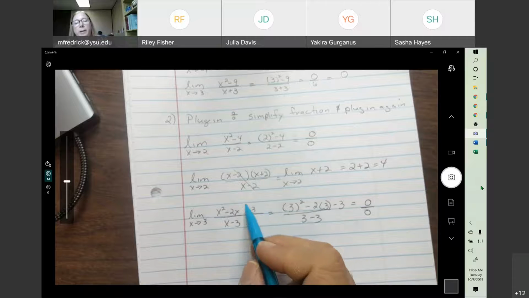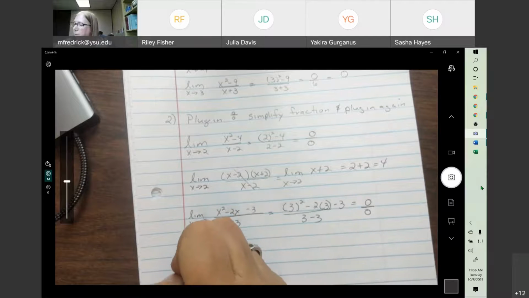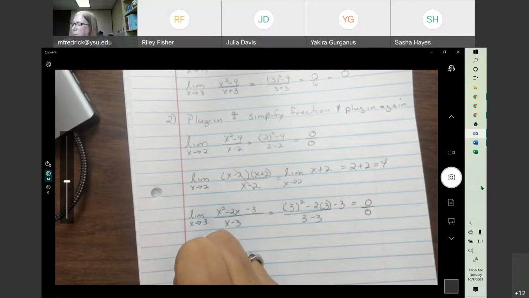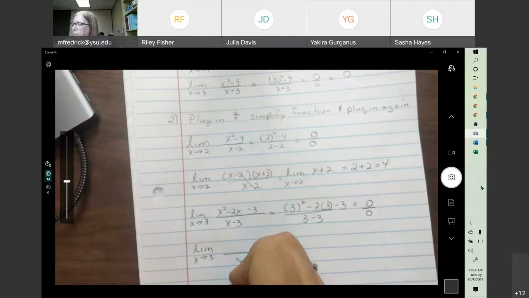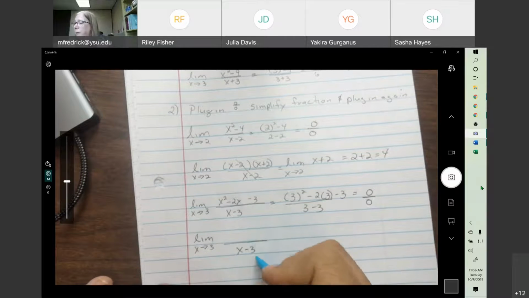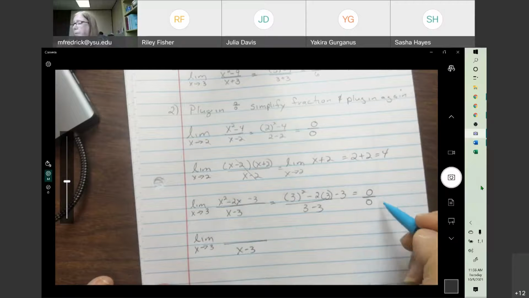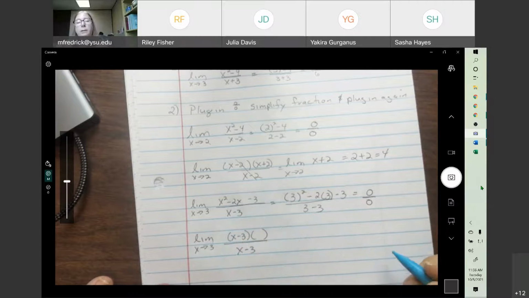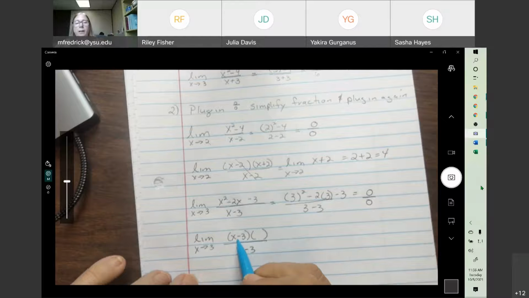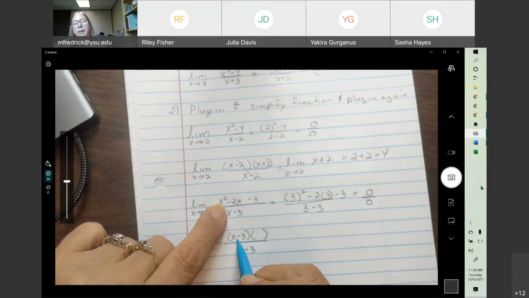So that means we need to go back and factor this. Now, if your factoring is not as strong as you'd like it to be, one thing we know is because we got 0 over 0, this factor has to be in the top. Because that's what's getting the 0 over 0. So you know that part of it has to be x minus 3. X times, we need an x squared.